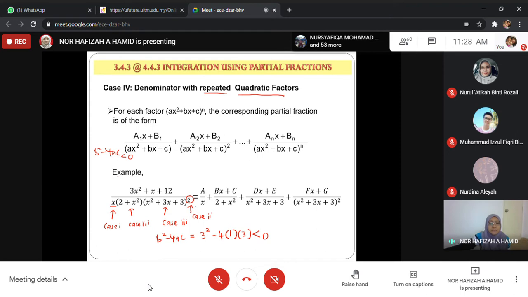Case 2, the repeated one. Okay, so your partial fraction: first, for case 1 we have A over x. Then case 3, 2 + x².